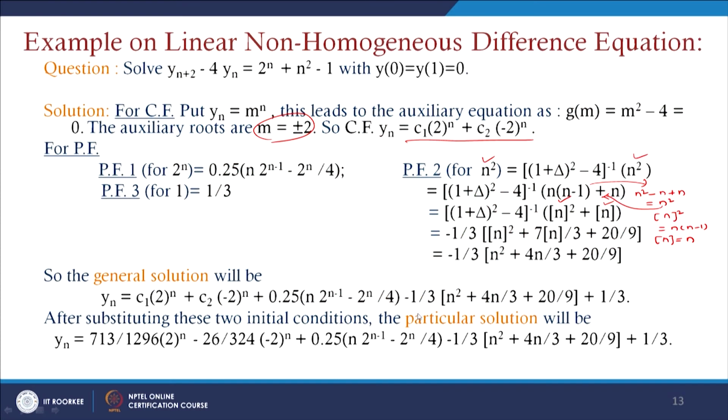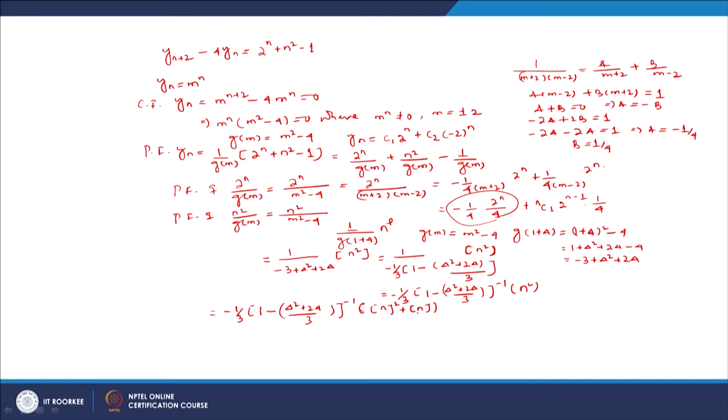Now, if you take this expansion, we can write it as minus 1 by 3 times the binomial expansion: 1 plus (delta square plus 2 delta) by 3 plus ((delta square plus 2 delta) by 3) square plus ((delta square plus 2 delta) by 3) whole cube, and so on. Likewise, we can do this expansion operated on bracketed n square plus bracketed n here.